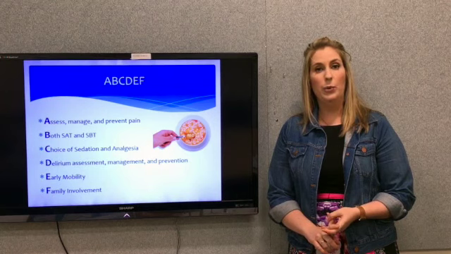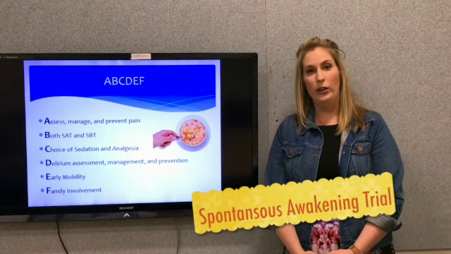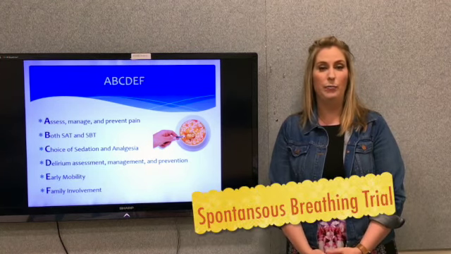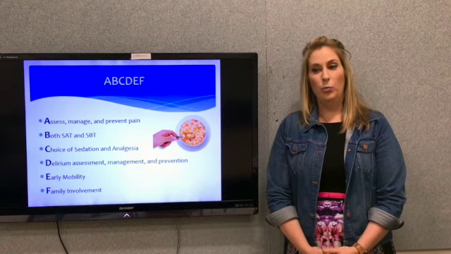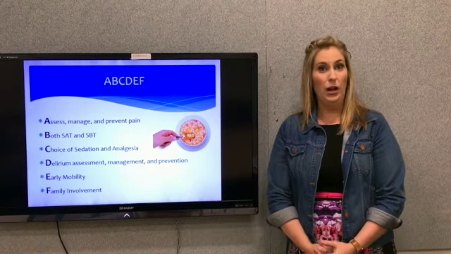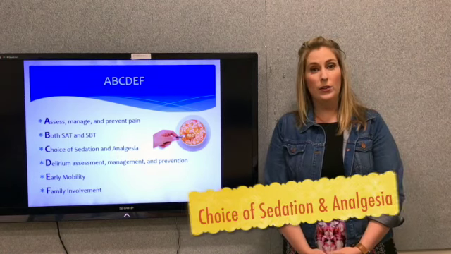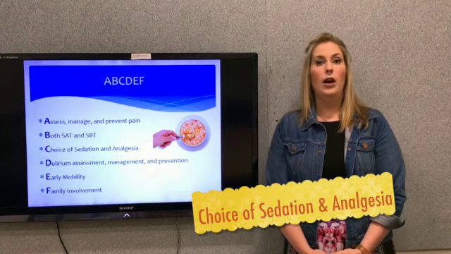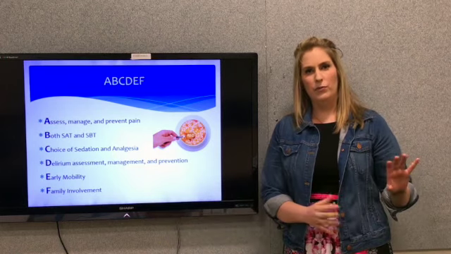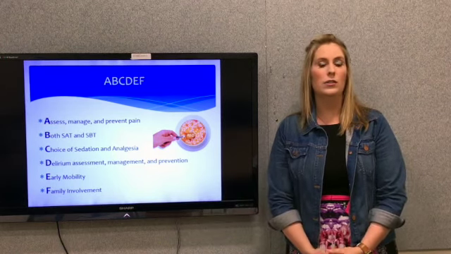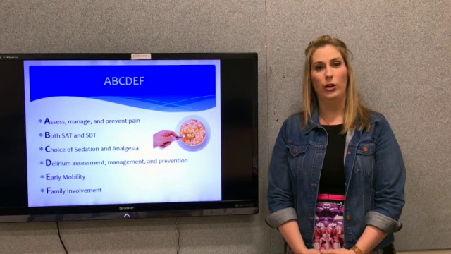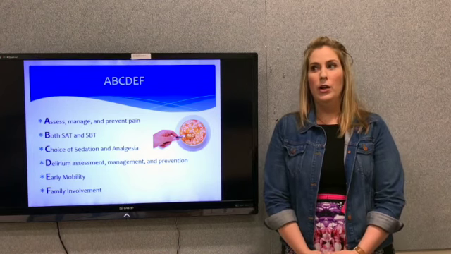B is making sure that both a spontaneous awakening trial and spontaneous breathing trial have been completed, which our facility has been doing. We're almost at 100%. C stands for choice of sedation and analgesia, trying to stay away from benzodiazepines and sticking more with propofol or dexmedetomidine.